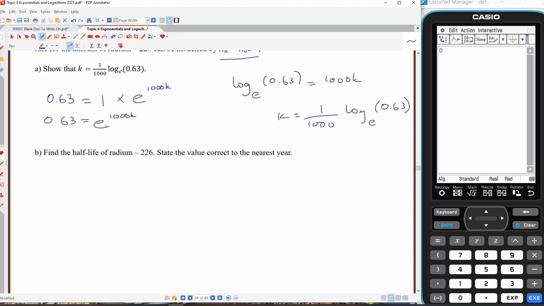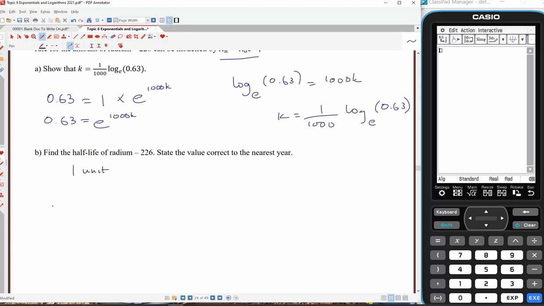Alright, so now what we are going to do is find out the half-life of radium-226. Again, the problem some students have with this is that we haven't been given the initial amount and then how much of the initial amount is left. Now we know it's going to be half, but it doesn't actually matter. So we again just treat things in lots of 1 unit.